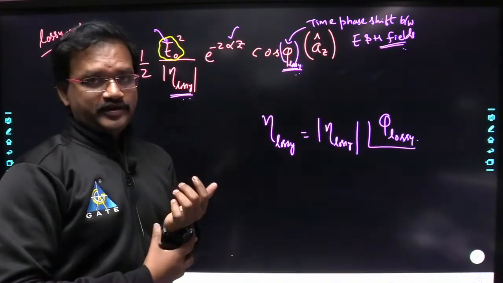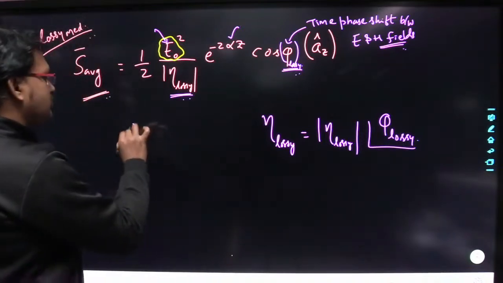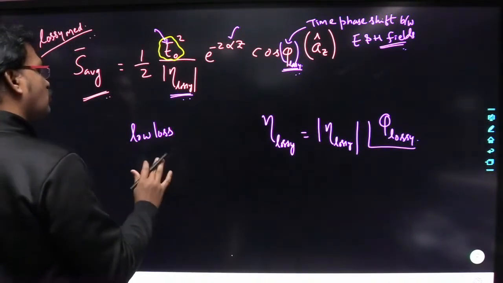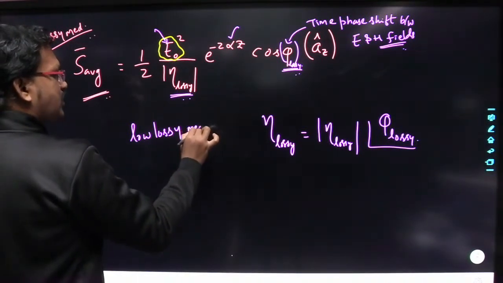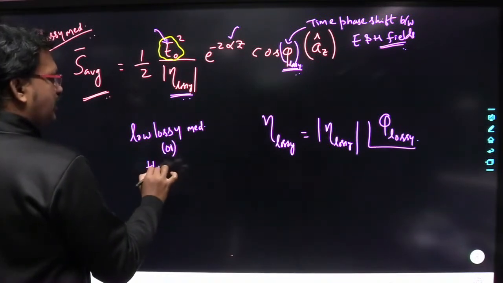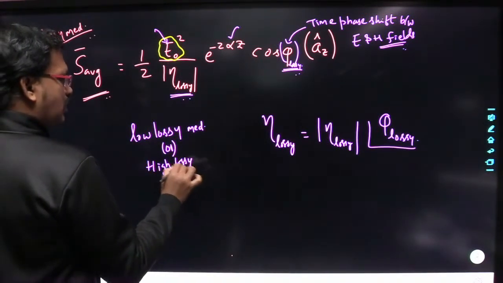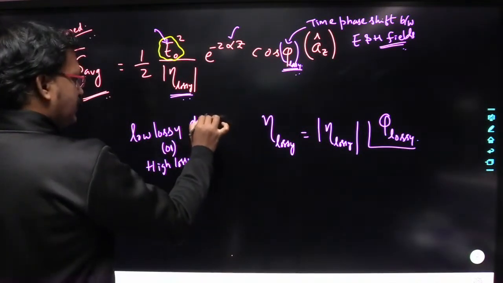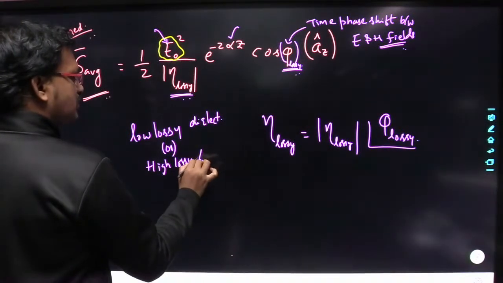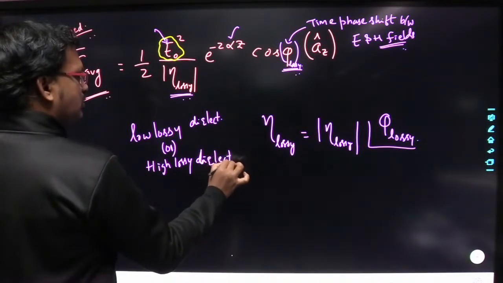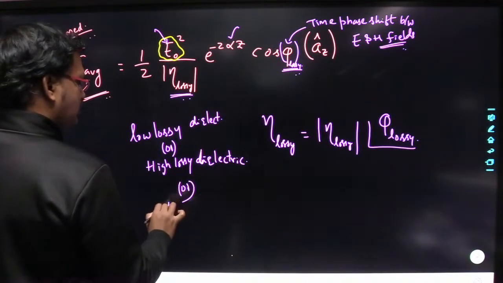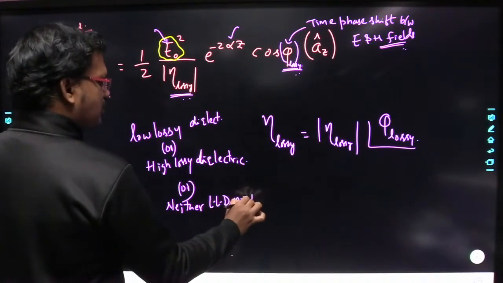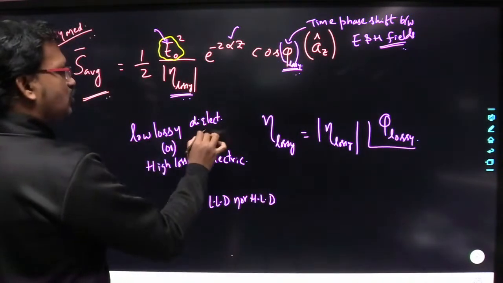you have to know the nature of the medium. Yes or no? We know it is lossy, right? But we have to know whether it is a low lossy dielectric, or a high lossy dielectric, or neither low lossy nor high lossy dielectric.